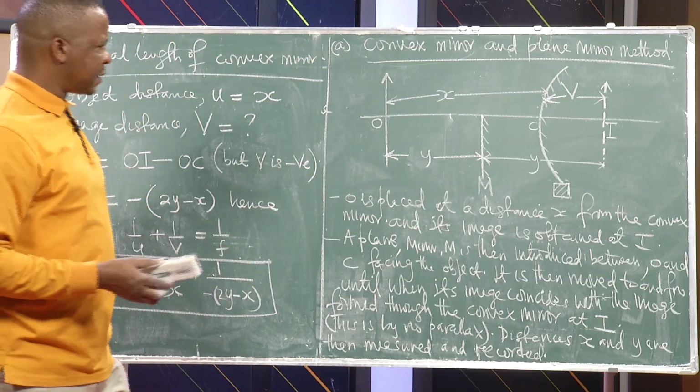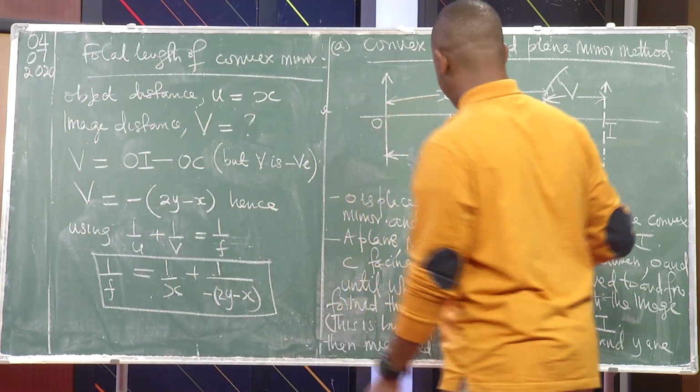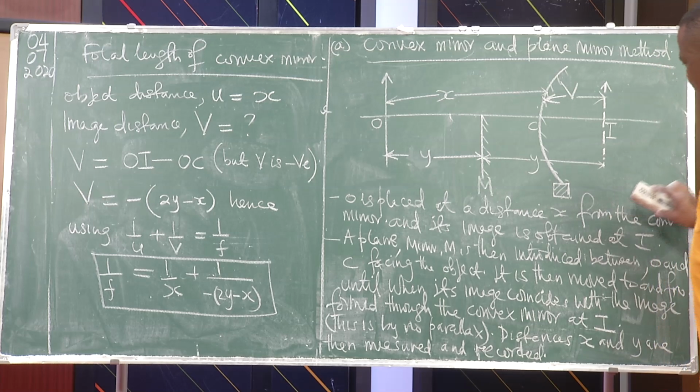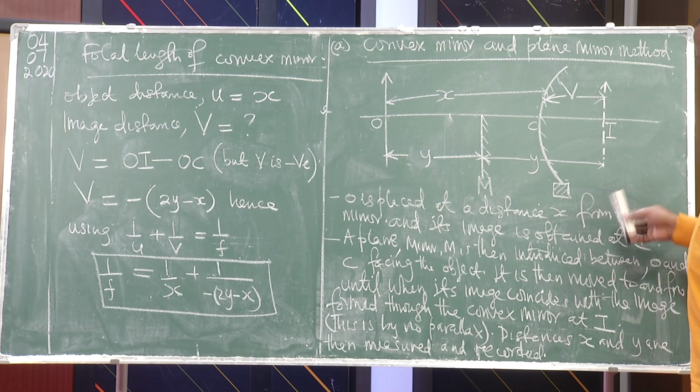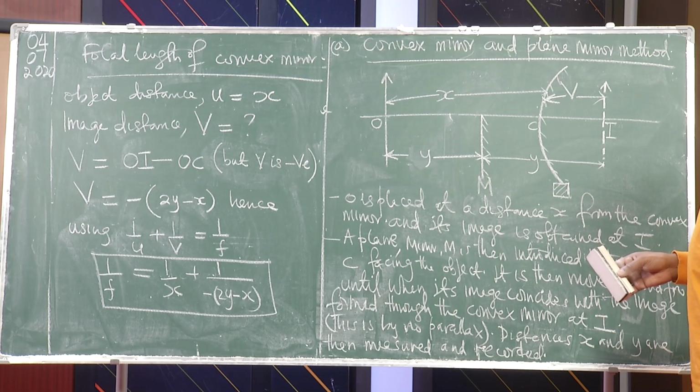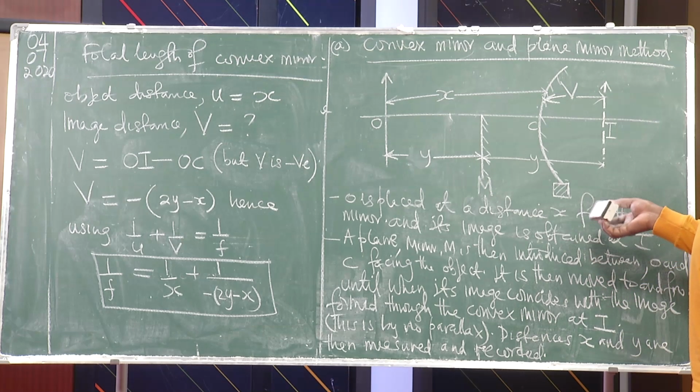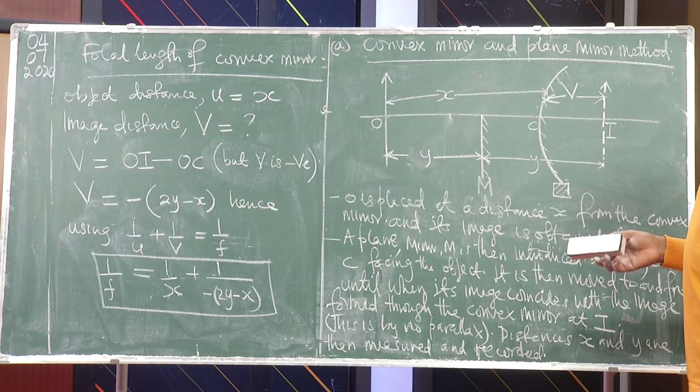So I can clear off this explanation. If you are still capturing it, you can capture. And also I emphasize that most of these diagrams may not easily be found in a textbook, so candidates should take note.